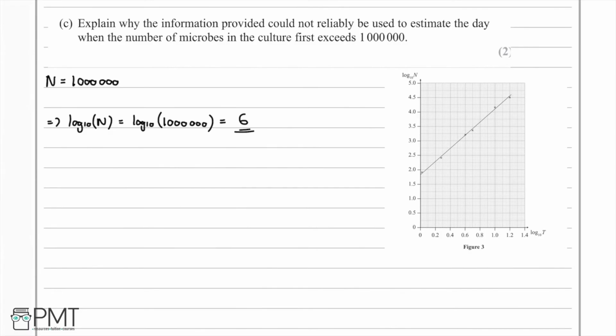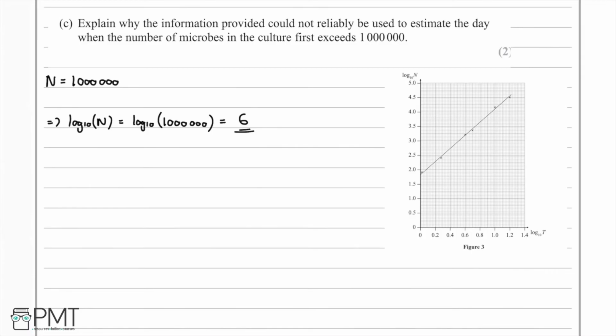So we now take a look at our graph, which we used for part B of the question, and we can see here that our y-axis, log 10 N, only goes up to 5. So this value of 6 is outwith the data we're given on the graph. So this means we're unable to extrapolate, which means we can't assume this model holds. So therefore the model won't be reliable.